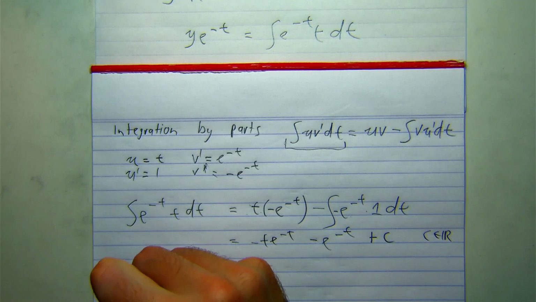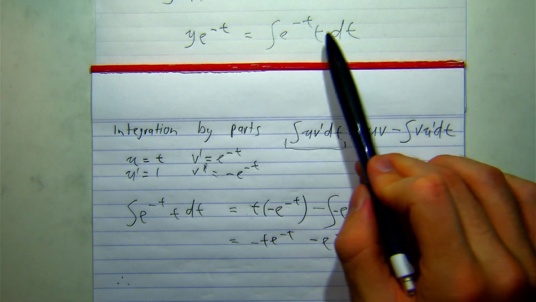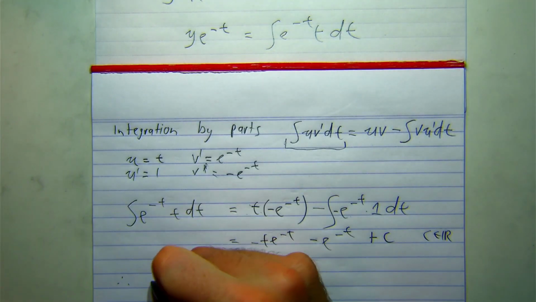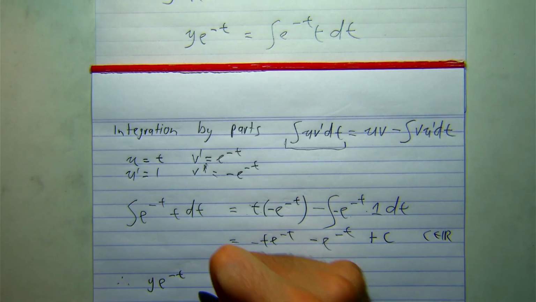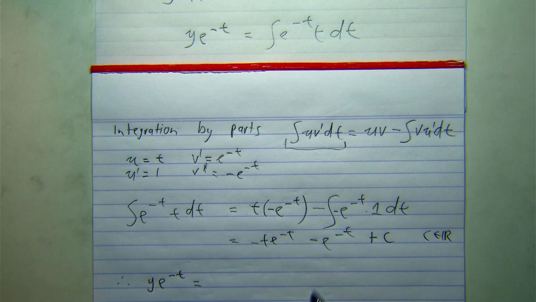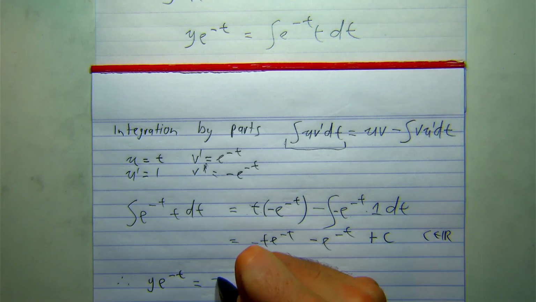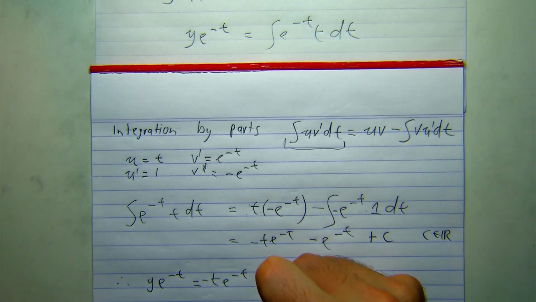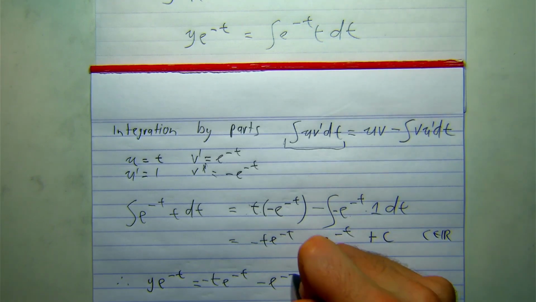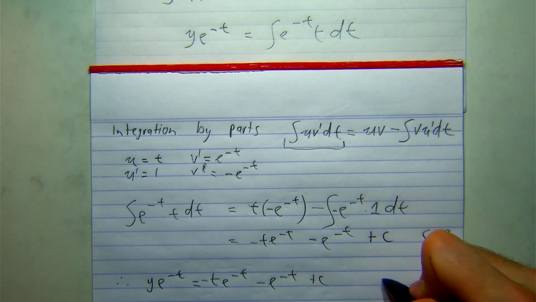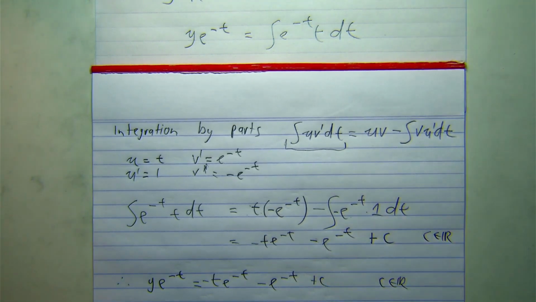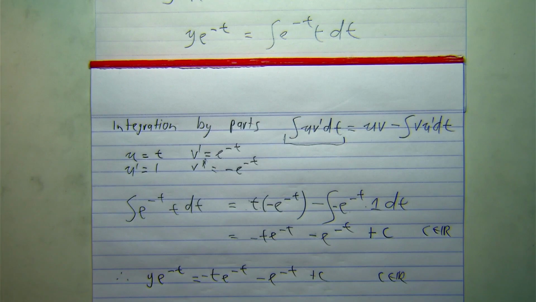So, okay, using the fact that this integral is equal to this, we have therefore y multiplied by e to the minus t is equal to minus t e to the minus t minus e to the minus t plus c. And c is some real number.